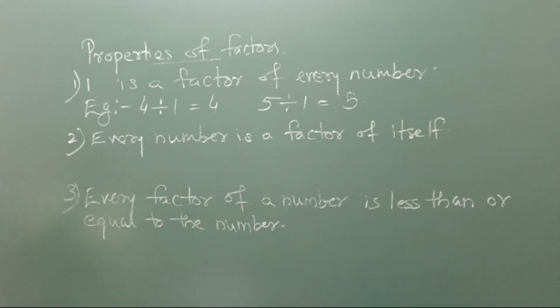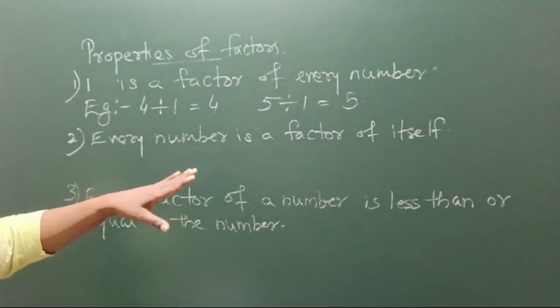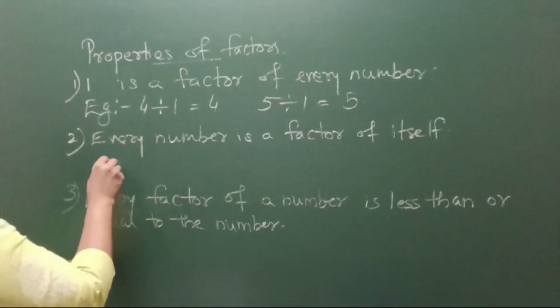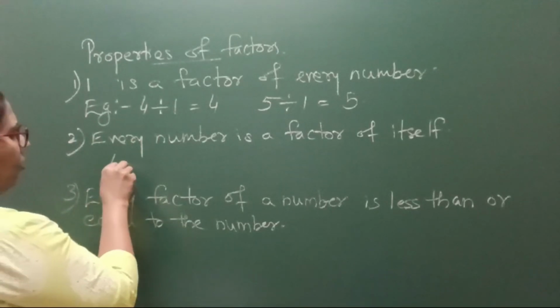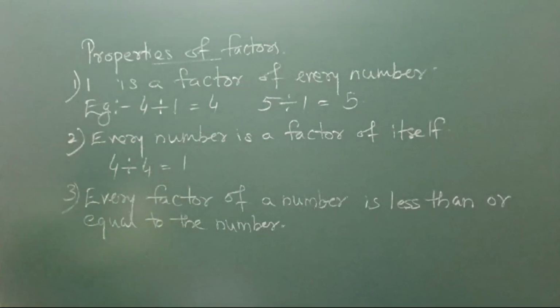Then the second property says, every number is a factor of itself. Same example, 4. 4 divided by 4, then we get answer 1.